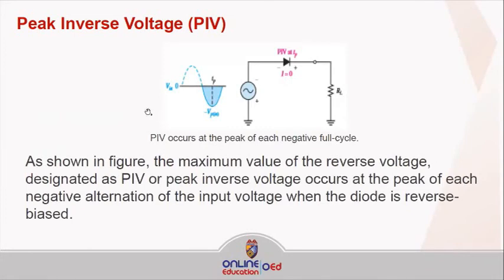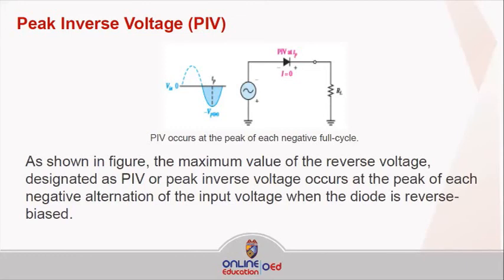Okay, now we will discuss that the peak inverse voltage occurs at the peak of each negative half cycle. As shown in the figure above, the maximum value of the reverse voltage, designated as PIV or peak inverse voltage, occurs at the peak of each negative alternation of the input voltage when the diode is reverse biased.